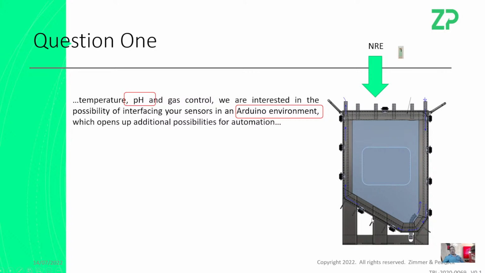But of course, you've got to figure out the engineering. How do I take this small piece and get it into my bioreactor? You can kludge things together, but to do it nicely takes a bit of engineering cost. So there's an NRE, and that's either something the company would do or would outsource to a company like Zimmer Peacock.